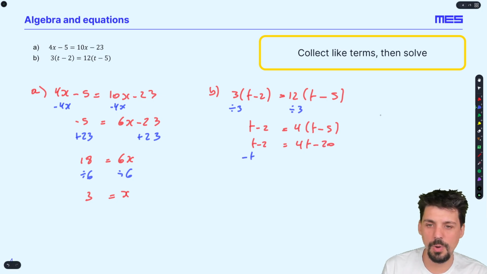I'm going to take away t from both sides, so I've only got t's on one side. I'm going to add 20 to both sides. And then I'm going to divide both sides by 3.